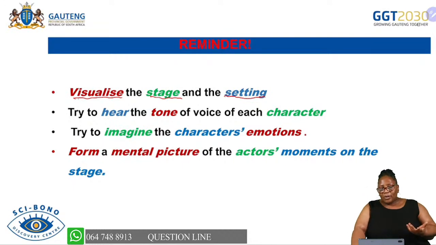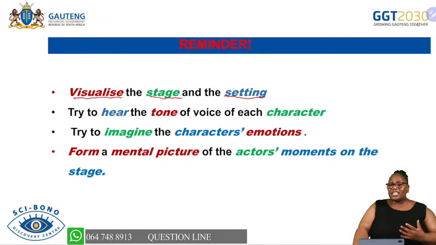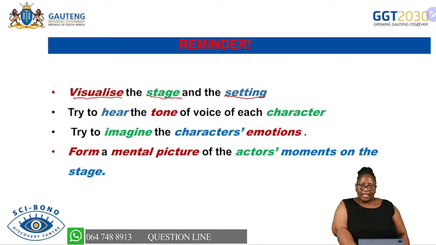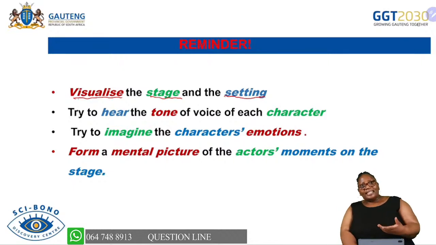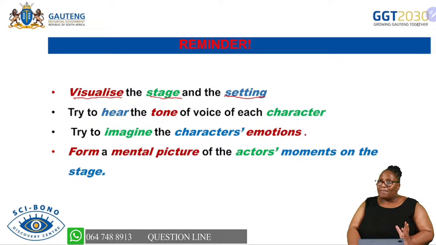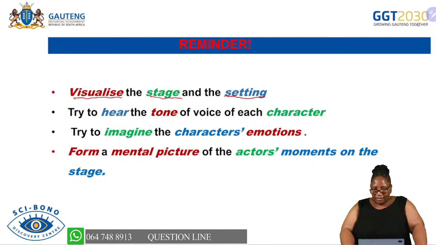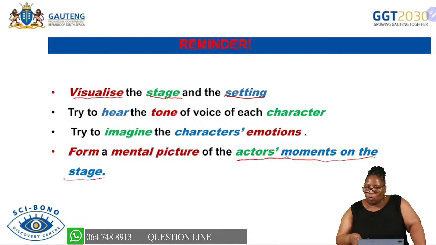And then you have a mental picture of Tammy, an easygoing boy with school uniform, perhaps with the shirt not tucked in. And our Isabel, imagine her to be this cute little lady. And also check the moments that the actors have on stage. You form a mental picture.